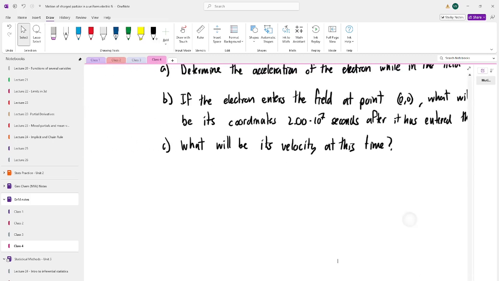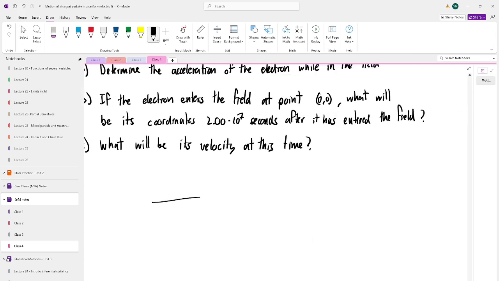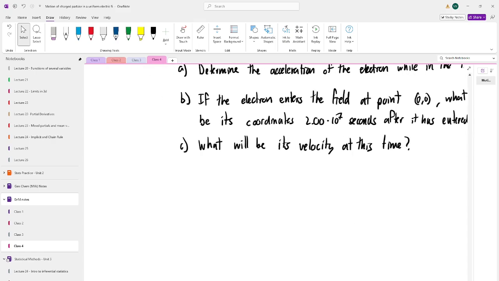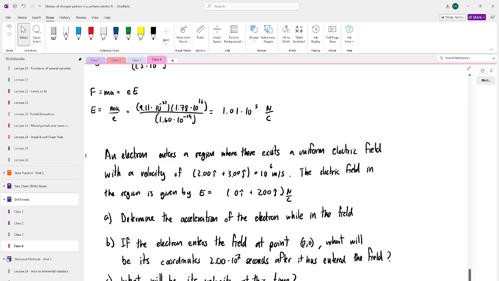They could tell us it's just equal to some number in the x direction or just some number in the y direction, which is very convenient. It just means it's moving like that or it's moving like that. Very easy to deal with. When they give it to us in this form, it's also pretty convenient because the speed is already broken down for us. We know that it's moving 2 times 10 to the 6 meters per second in the x direction and 3 times 10 to the 6 meters per second in the y direction. So it's not too bad, and the same thing for the electric field.